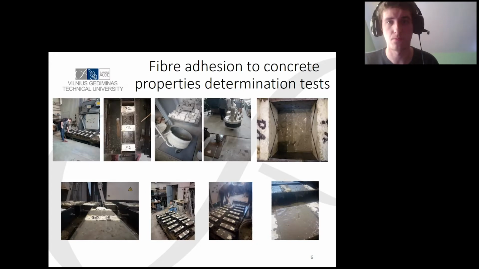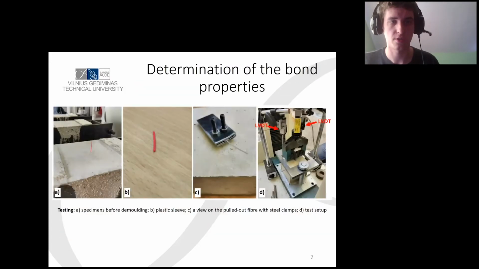Determination of the bond property. So when the cubes had hardened, we used a plastic sleeve to protect the fiber itself from damage because we used steel clamps to fasten it into the apparatus, which then measured the displacement and the pull-out force during the tests.